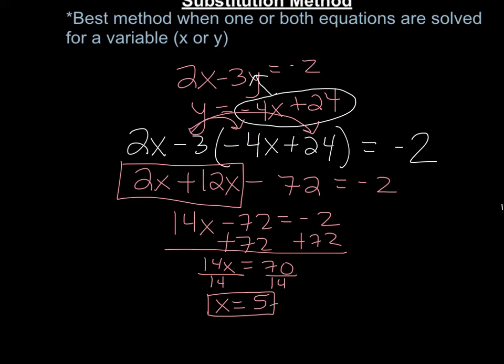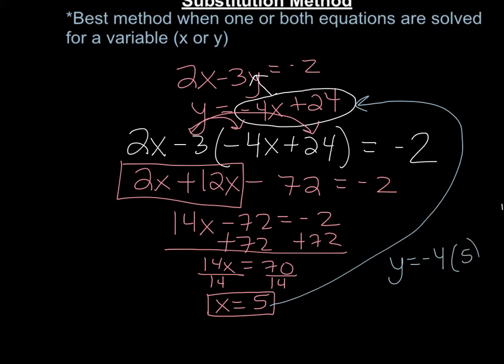So now that we found the value of x, we're going to bring it back and plug it into our y equals equation to determine the value of y. So y equals negative 4 times the x value, which we just found to be 5, plus 24. So y equals negative 20 plus 24, or y equals 4.